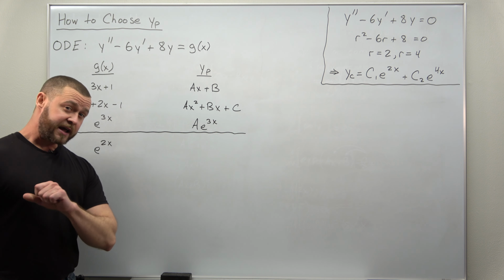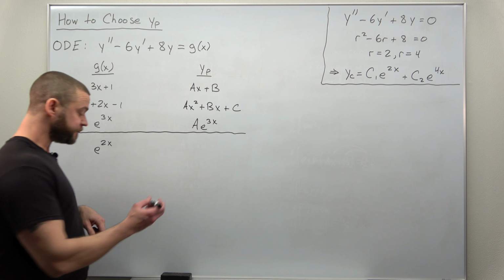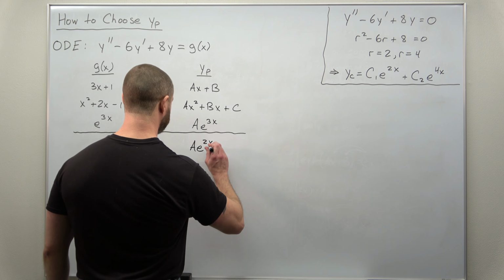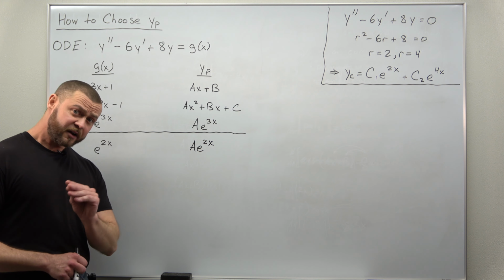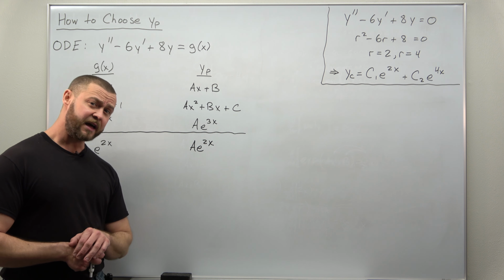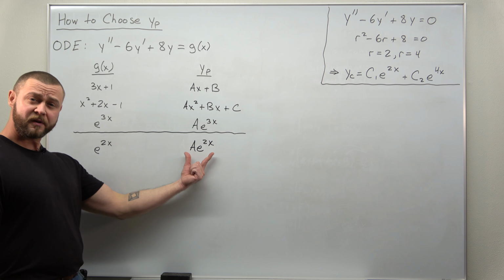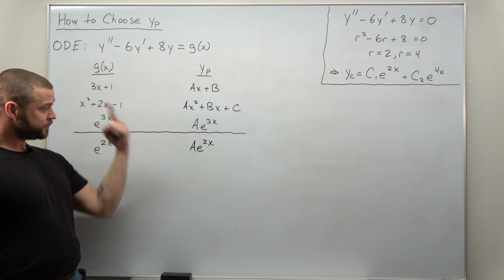We might try a general exponential function of the form a times e to the 2x. Now you can go ahead and try that, but you'll find something funny happens when you plug that into your non-homogeneous ODE.